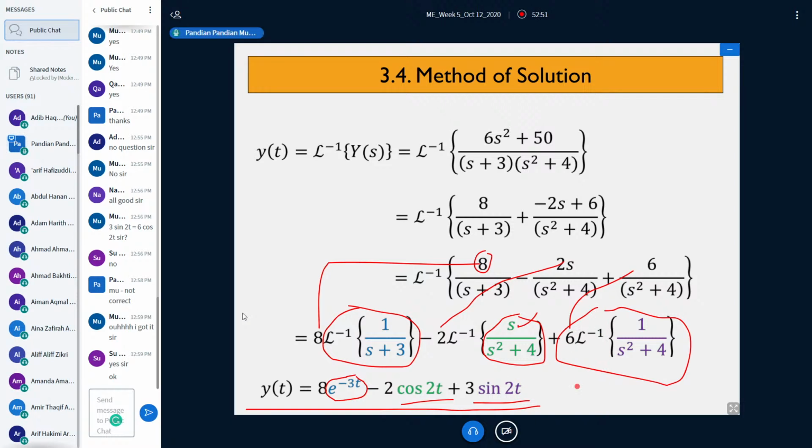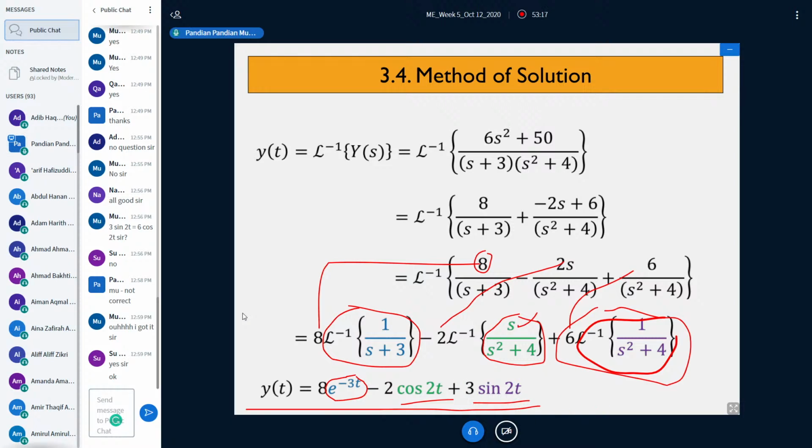This one some manipulation shortcut. So if you want to write properly, this one is half. If you use formula number 4, the answer for this is half sine 2t. So 6 divided by 2, you can write here 6 divided by 2 is okay.